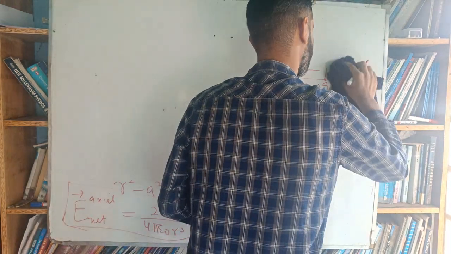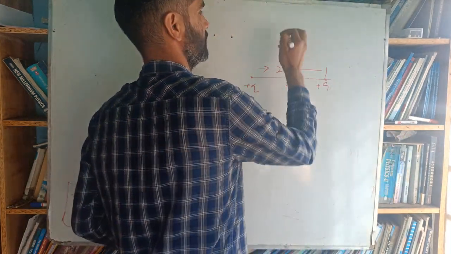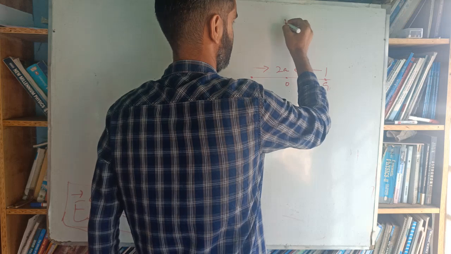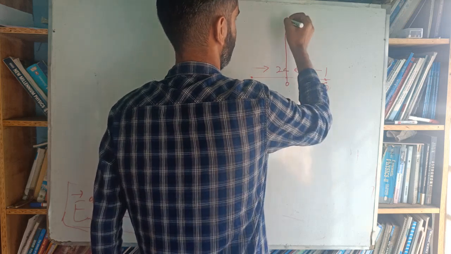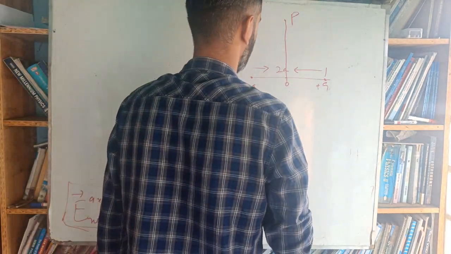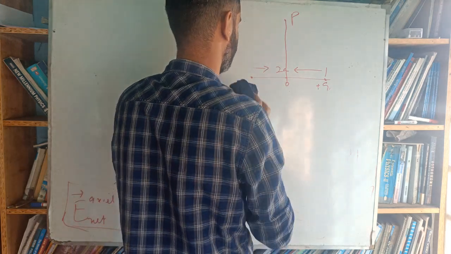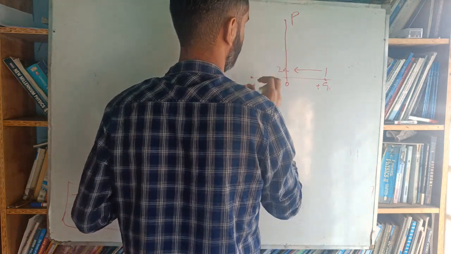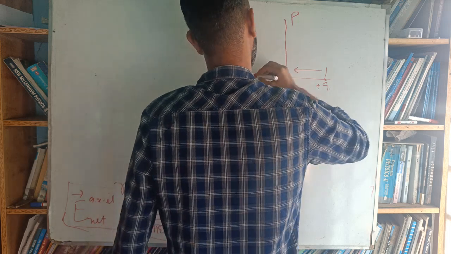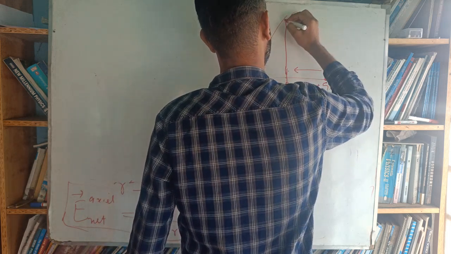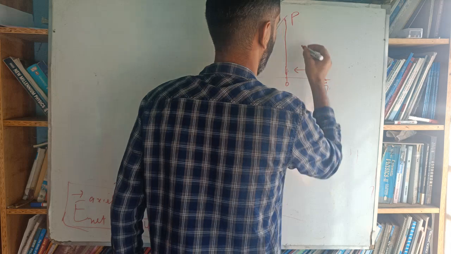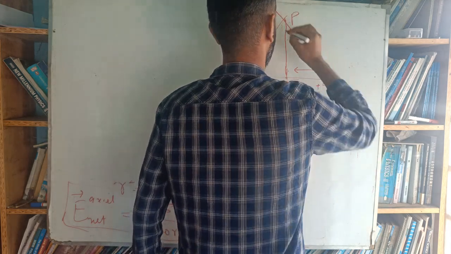Now my point of observation or calculation is on the equatorial line, that is the perpendicular bisector to this dipole. For that, I need to draw this distance from minus q and plus q.